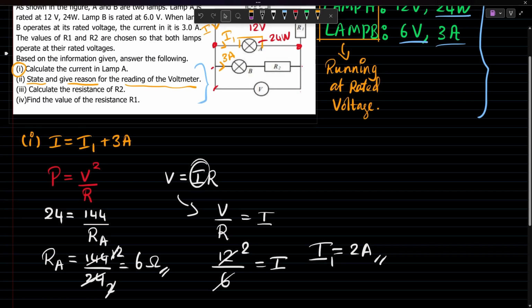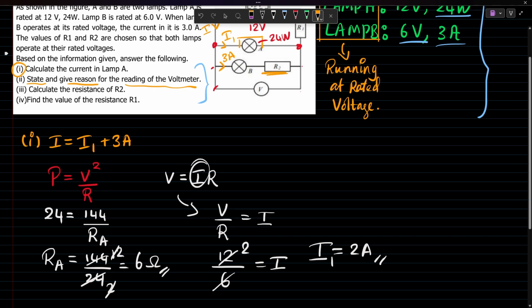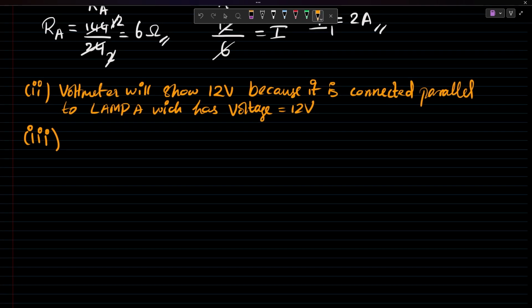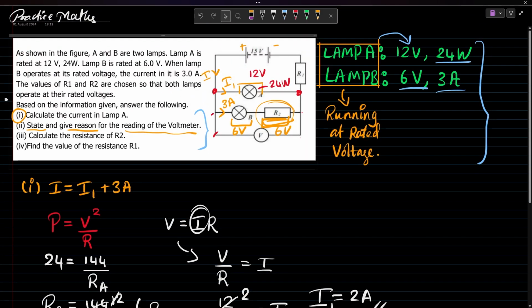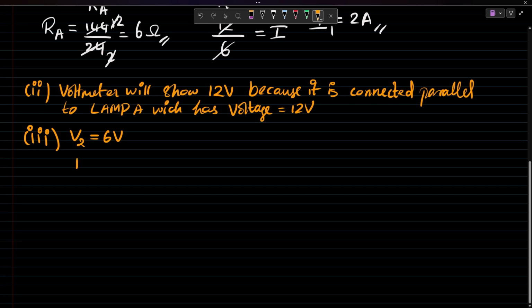And then calculate the resistance of R2, the resistance here. To do that, first find the voltage here. It's 6 volts here, so therefore it is 6 volts here, because the total is 12 volts. So the voltage across R2, V2, is 6 volts. Then to find the resistance of R2, I2 is already there, 3 amps.